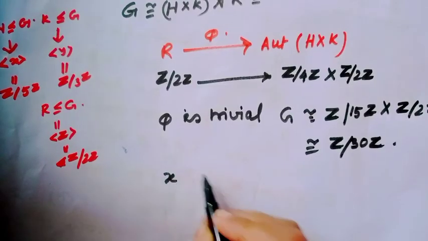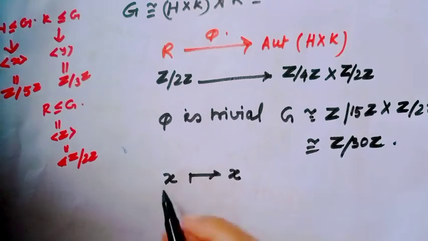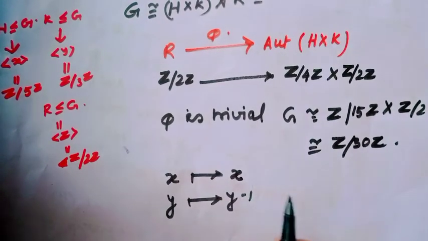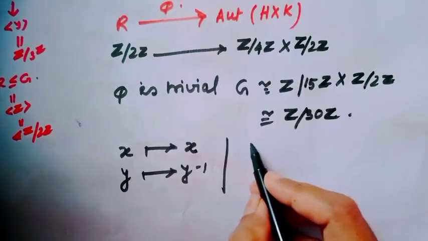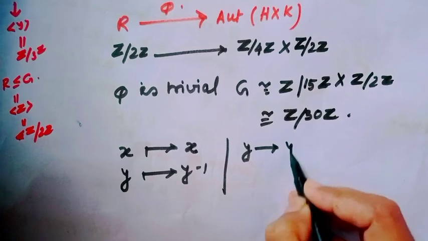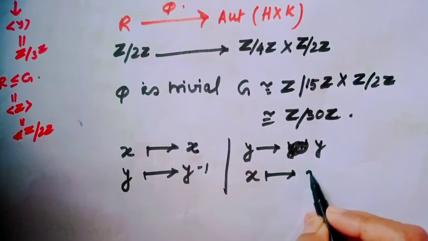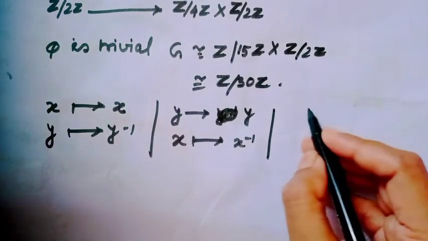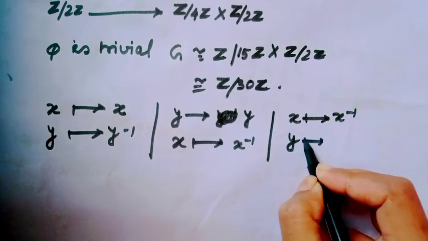The first possibility is X maps to X, which is actually the identity automorphism of H, and Y maps to Y inverse, which is the inversion automorphism of K. The other possibility is the opposite: Y maps to Y, and X maps to X inverse. And the third possibility, both map to inversion, that means X maps to X inverse and Y maps to Y inverse.